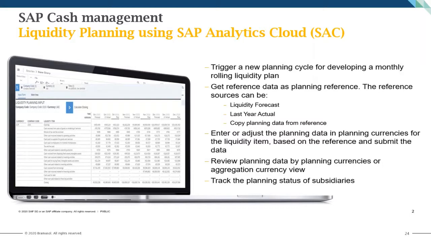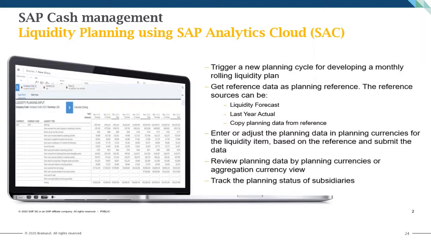You can get reference data for planning from your existing liquidity forecast, or from the previous year's actual data, or you can also copy and paste from other sources if you want to capture outside sources. There's also a possibility of loading data, let's say for some particular part of your business you're just using a spreadsheet to capture certain numbers. You can use that as an input as well.